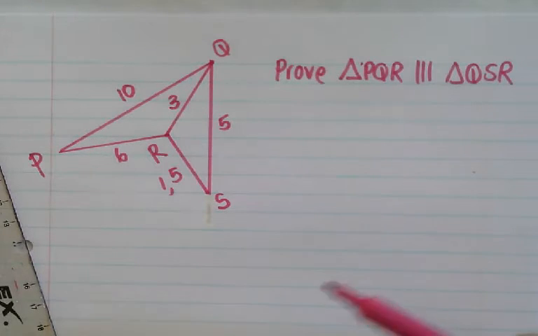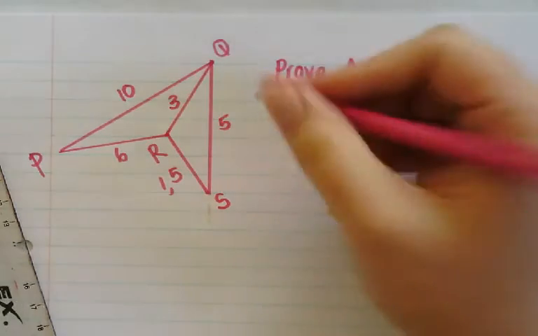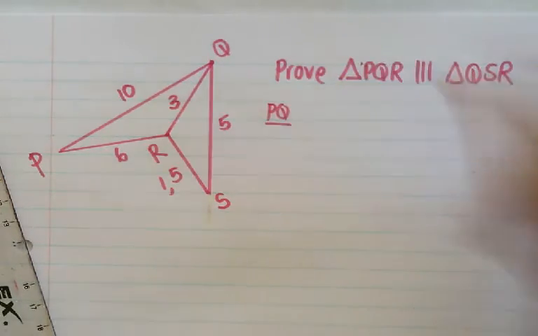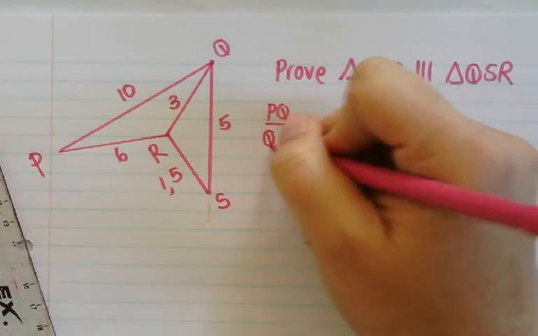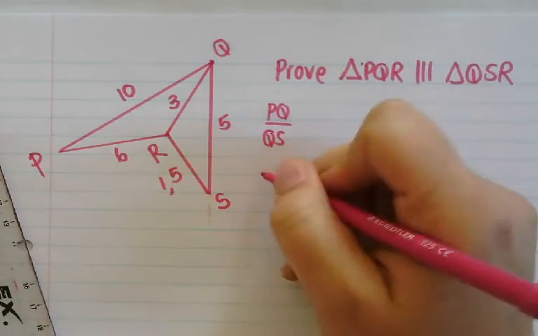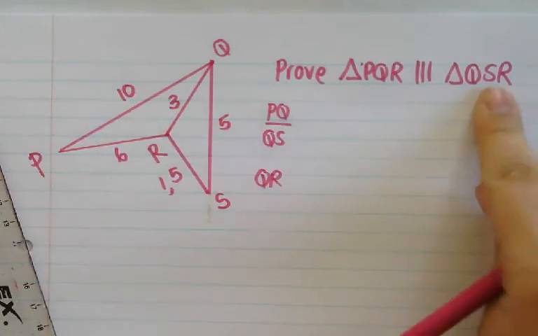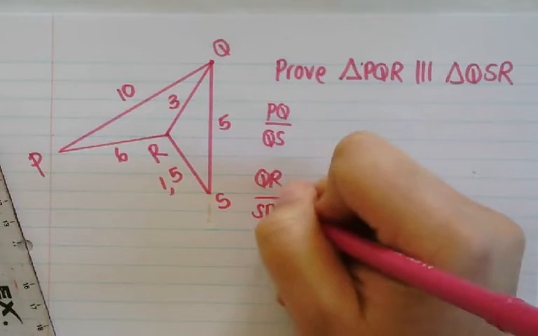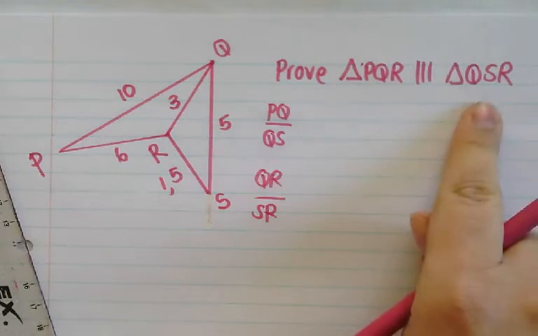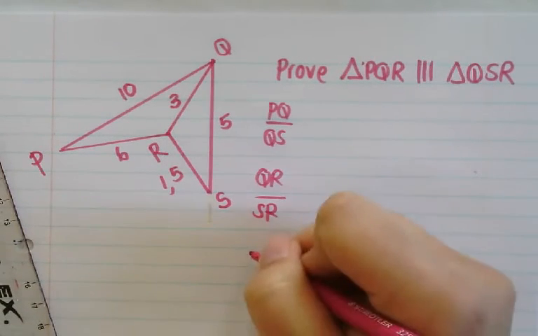And the fact that I've been given the names actually makes my life easier, because I know that PQ is proportionate to QS. I know that QR is proportionate to SR. And I know that PR has to be proportionate to QR.